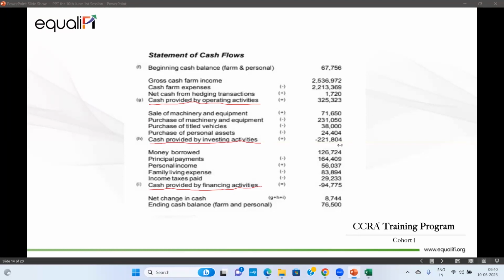Even family living expense is there. Yeah, that's okay, fair enough. He could have arranged funds, he could have taken from somewhere else as well. Not the entire borrowed money could cover the entire principal payment. Yeah, that is definitely true.